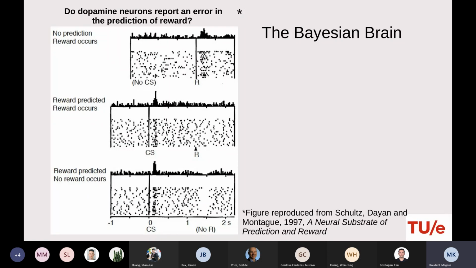And sort of, for good measure, in the paper, they do a lot of really nice temporal difference, sort of reinforcement learning type modeling. That also somehow explains this, but explaining it in terms of prediction errors and generative models, to me, is a really nice, parsimonious way to understand this data.